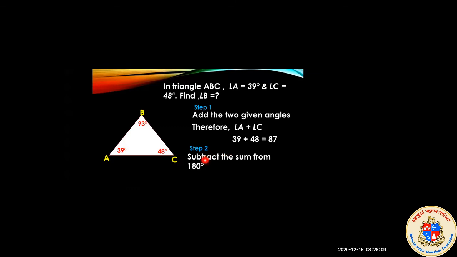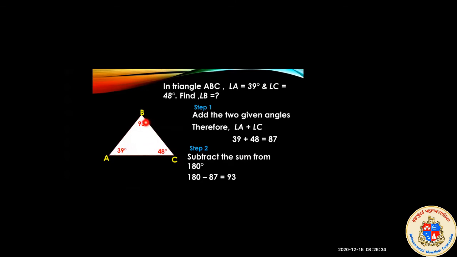So we get 180 minus 87 is equal to 93 degree. So the angle B is equal to 93 degree. When you add all three angles, you will find that it is 180 degree.